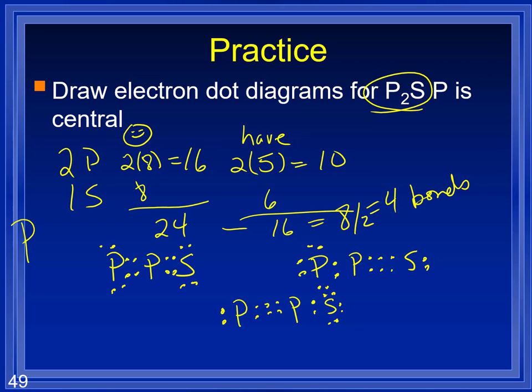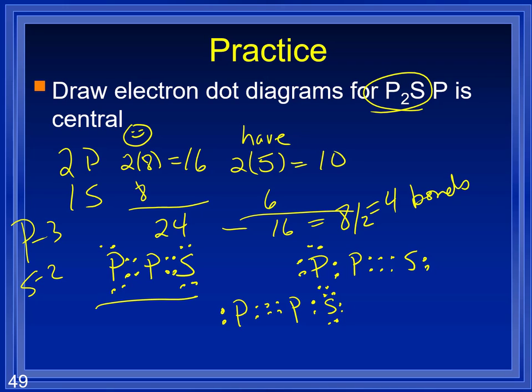Because phosphorus always wants to make 3 bonds. Sulfur always wants to make 2 bonds. So if you look at the 3 of these, the middle one never makes the right number of bonds. Right? Phosphorus always makes 4 bonds. That one in the middle is not happy. Okay? But it's the only way it's going to fit together.